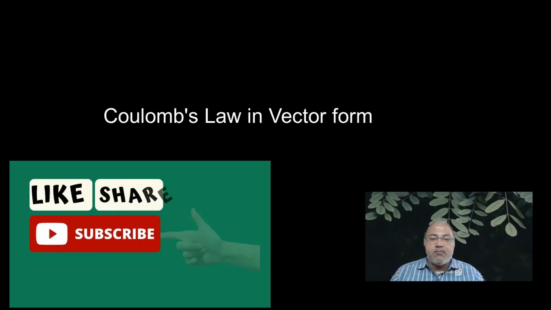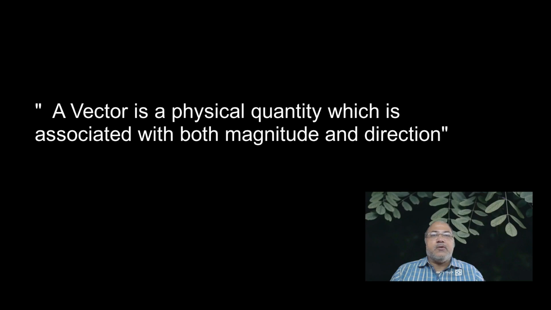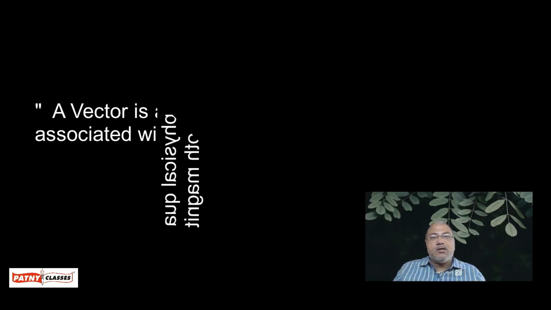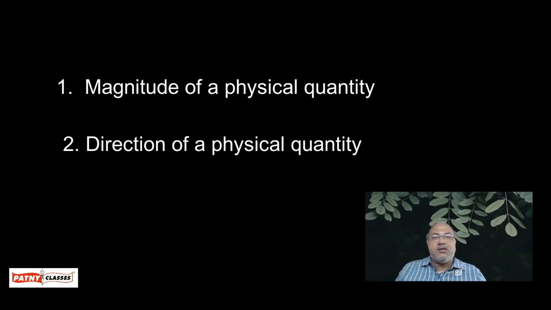Before we proceed further to understand Coulomb's law in vector form, let us make a little revision about vectors. What is a vector? Vector is nothing but a physical quantity in which we talk about two things. What are the two things? One is the magnitude, another is the direction.